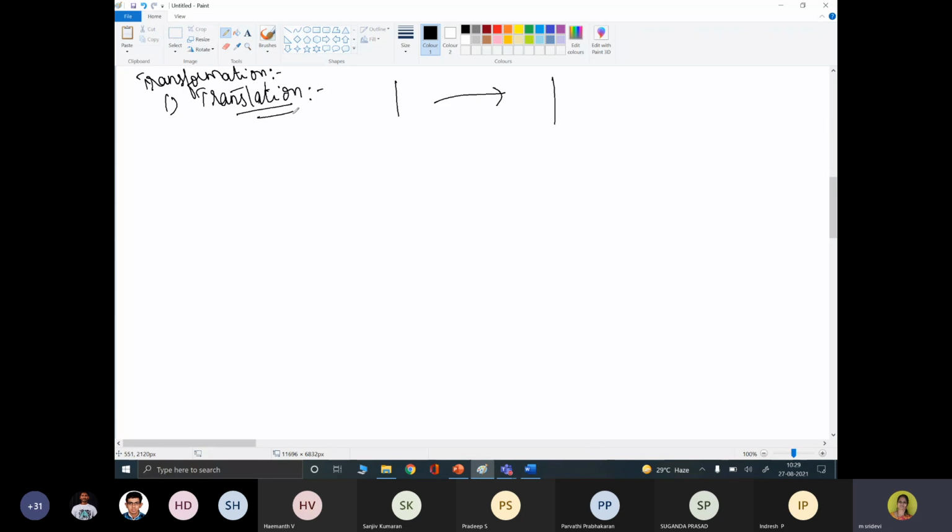In the case of translation, the object size is not going to change. It will be the same size, and only the location is going to change. You have a coordinate value x, y, and you get a new coordinate value x dash, y dash after adding how many steps you want to move, which is called the translation factor.